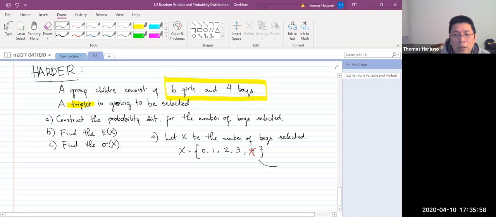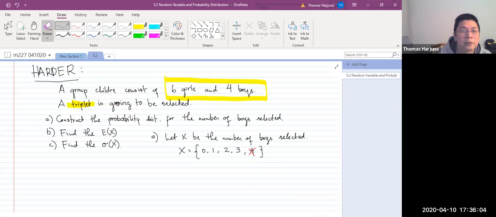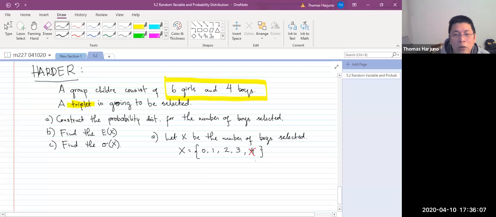The reason is we only select 3 children, right? It's a triplet. So you cannot select 3 people and end up with 4. So let me put a notation there.